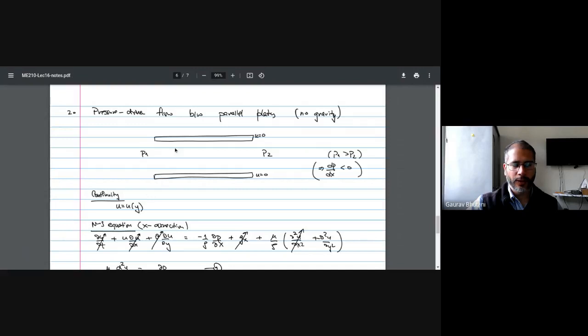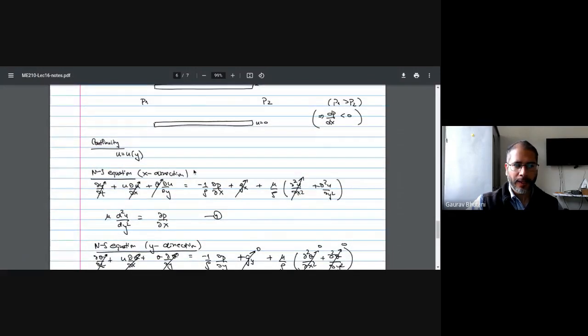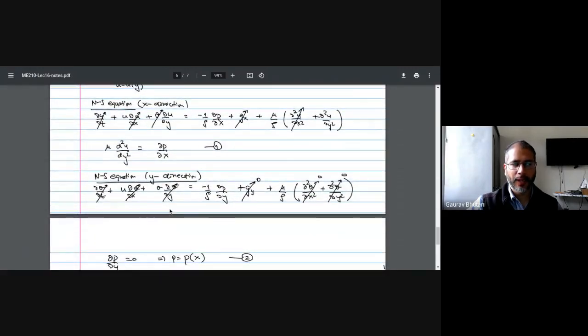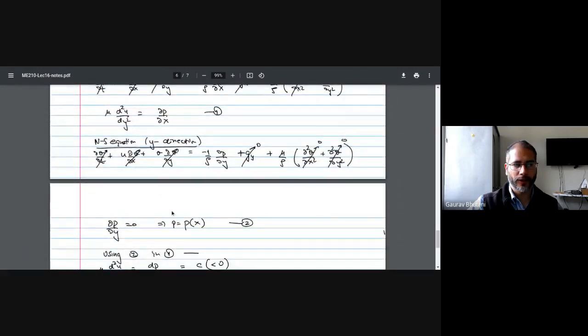The x velocity in this case is simply a function of y, the distance from the plate. Then upon applying the Navier-Stokes equation in the x direction, we had a dp by dx, that is, a pressure gradient, and upon applying the Navier-Stokes equation in the y direction, we saw that the pressure is simply a function of x. So this del p by del x became a dp by dx.